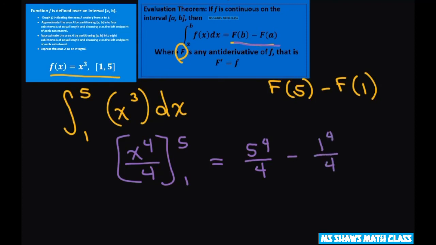So this is 625 divided by 4 minus 1/4. That's going to give you 624 divided by 4. I'll just make sure I did this right. Yeah, I did it right.